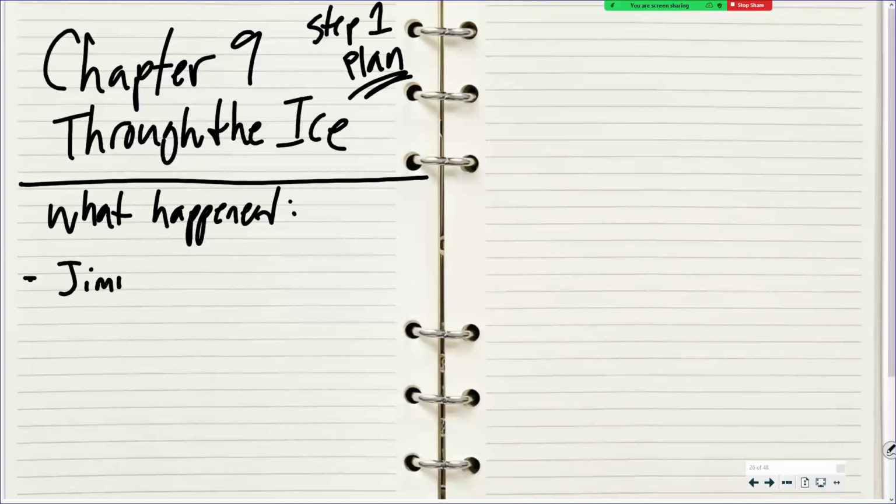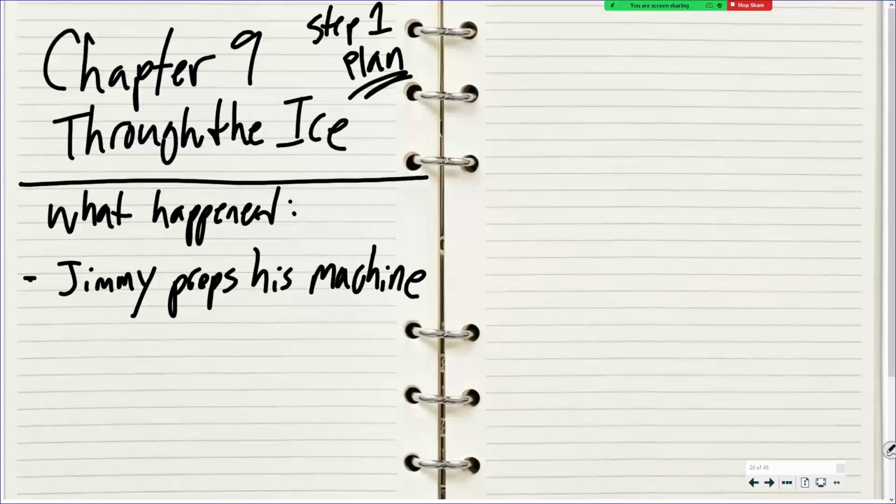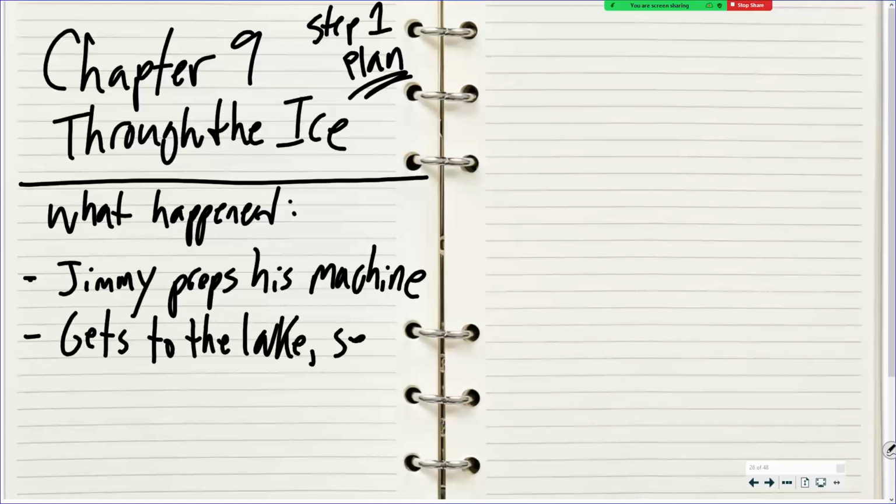So Jimmy preps his machine. Okay, so Jimmy gets his machine ready. Then he gets to the lake. Remember, I'm just doing point form. It doesn't have to make sense. Or it has to make sense, but it doesn't have to be grammatically correct. He sees lights. Then what happens?